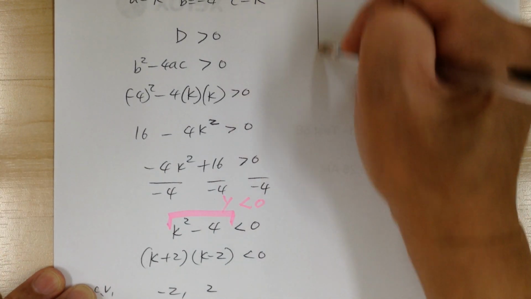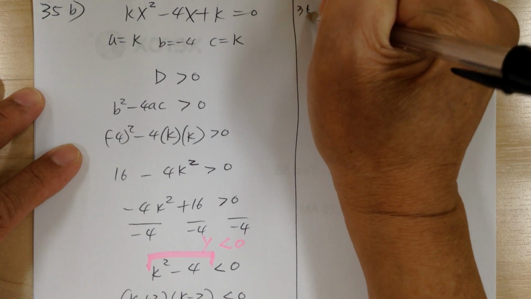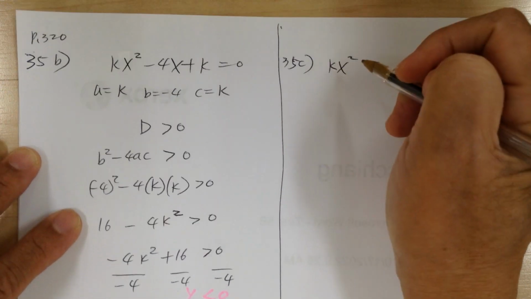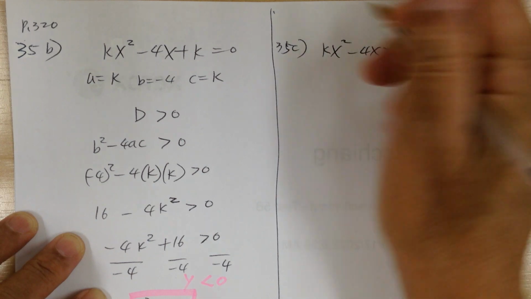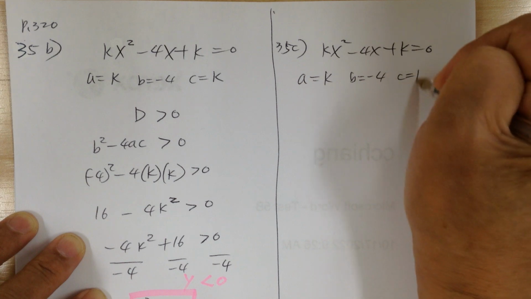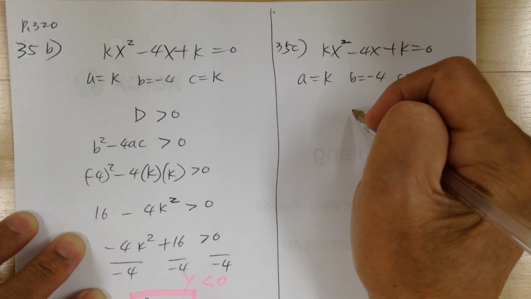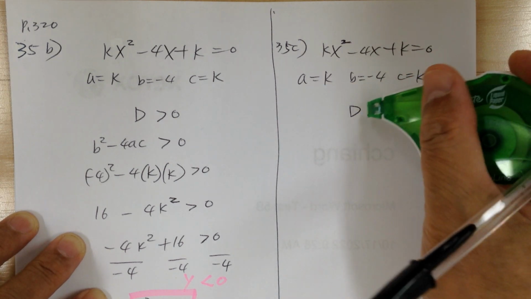And I'm going to do it right next to it so you can see the comparison. So 35c, again you got kx squared minus 4x plus k equal to 0. So again, a equal to k, b equal to negative 4, c equal to k. So for imaginary roots, D has to be less than 0.